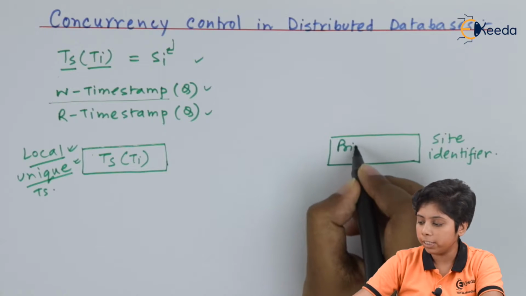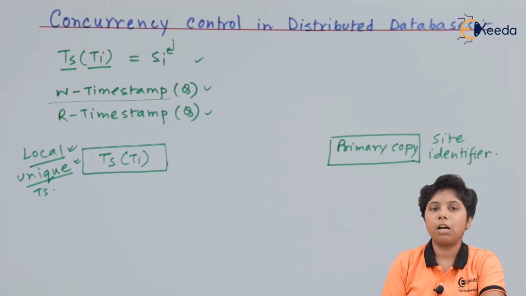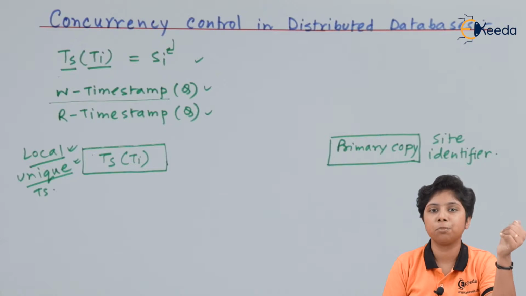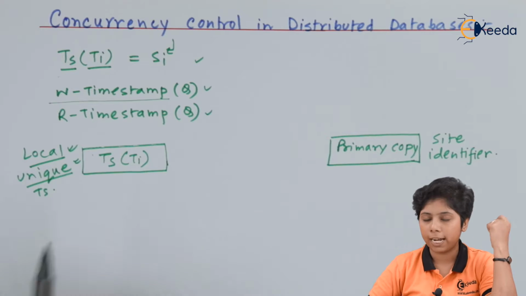All the write transactions that we can have on this distributed system are made on the primary copy. Then, what is the idea behind the local timestamp?